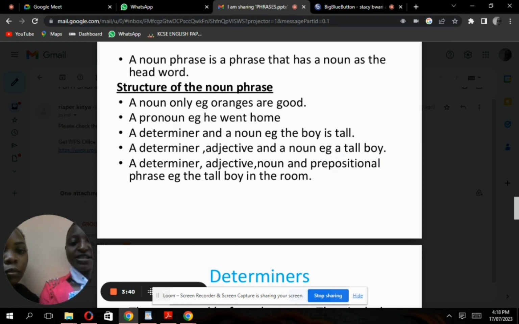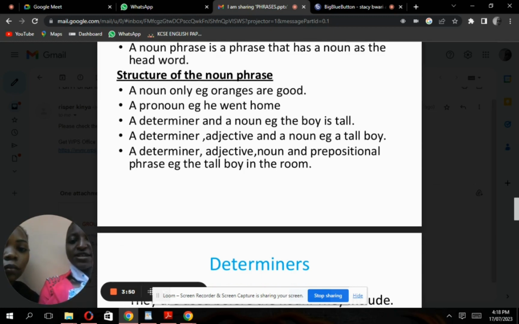Then we have the determiner, and an example of the determiner is the. For example, in the sentence, the boy is tall, the is used as the determiner to show the noun phrase. Then we have the determiner, adjective, and noun. For example, a tall boy. A is the determiner, tall is the adjective, boy is the noun. Then the determiner, adjective, noun, and prepositional phrase.